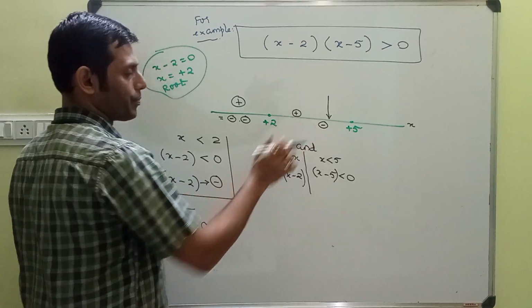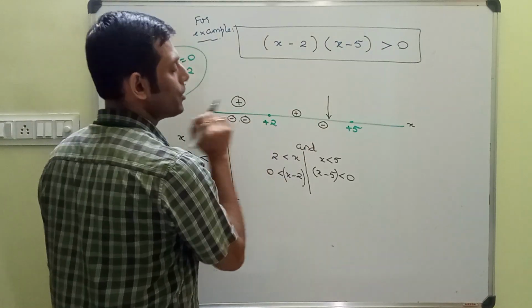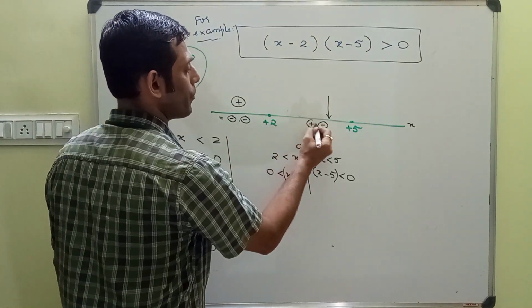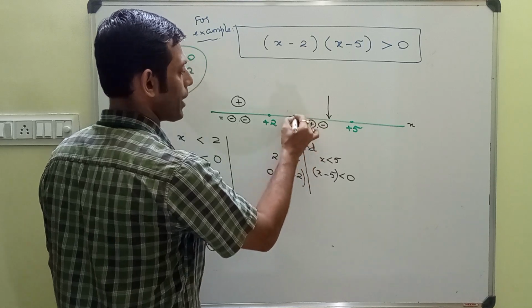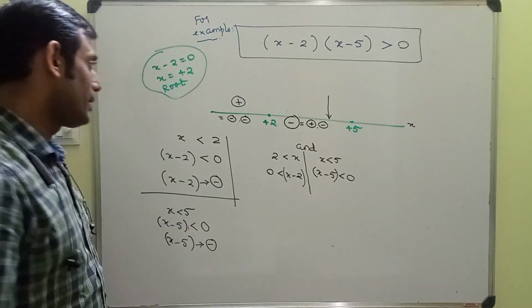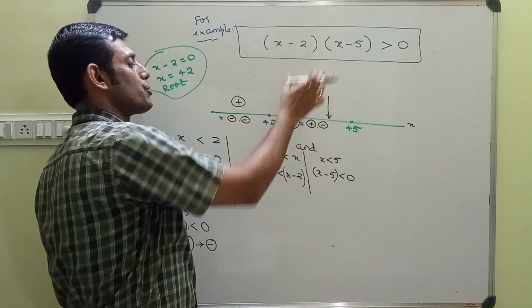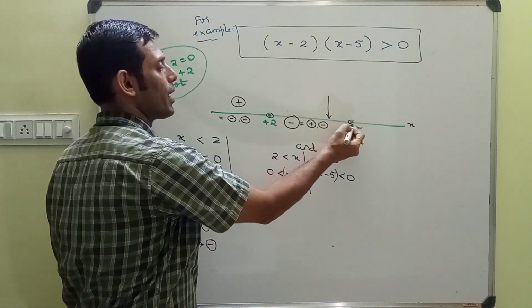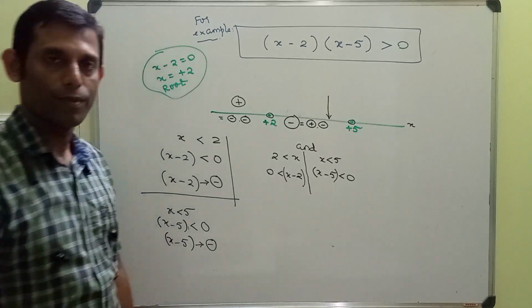When you take the product, the resultant turns out as a big negative. And that means the product of these two factors between 2 and 5 is a negative.